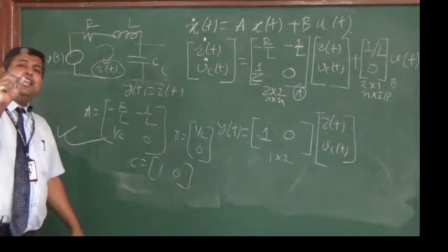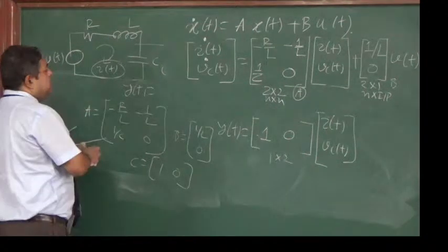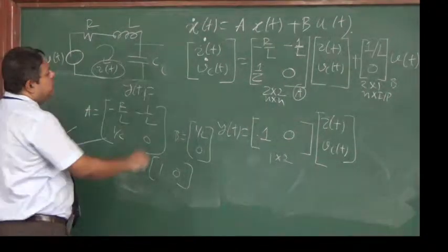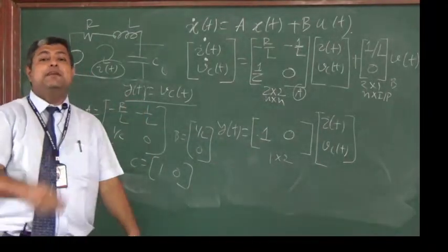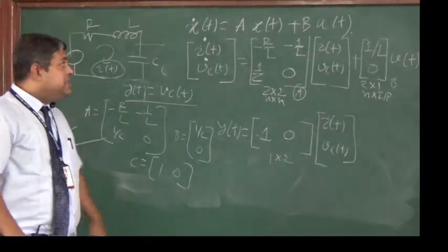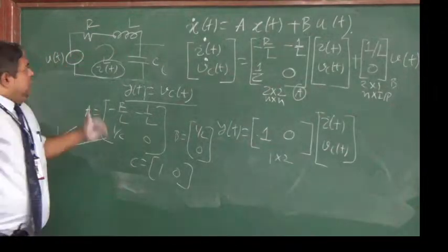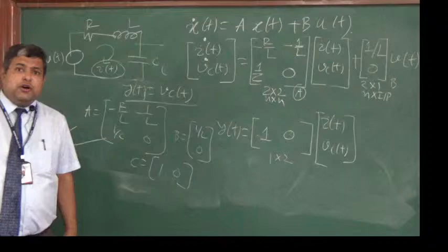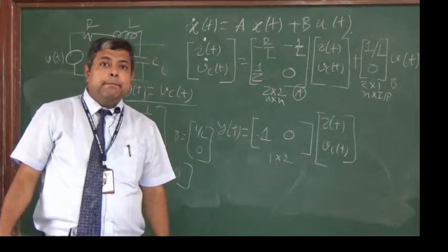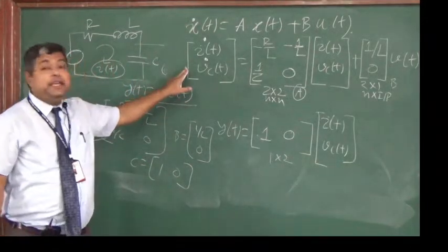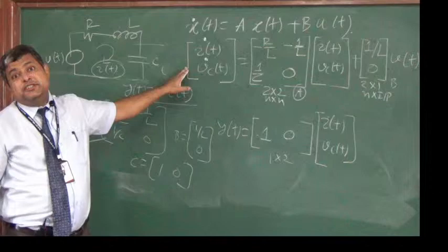I'll just change it a little bit. Instead of i(t) as the output, sometimes somebody defines that they want Vc(t) as the output. So you can say this is a second numerical or second modeling example. The question is: this second order RLC circuit, define it in state variable form, and Y(t) is equal to Vc(t). Tell us what is the state variable model. This A and B will be the same. No change will come if I am changing only Y(t).